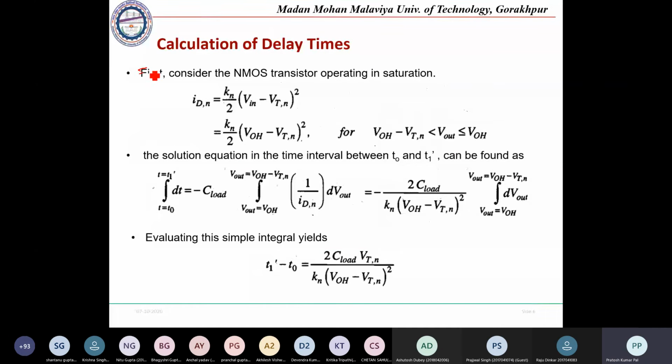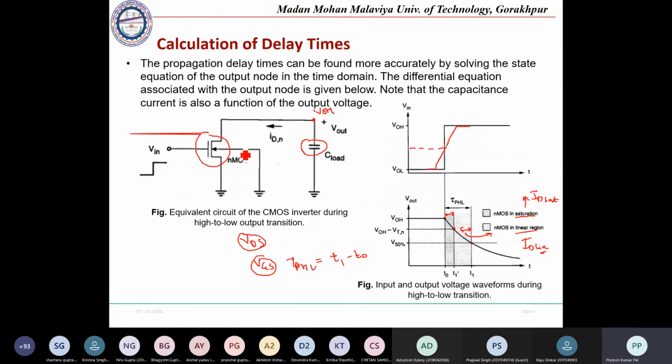Once we consider the first case where the NMOS is operating in saturation region, at that time ID, that is the drain current through the transistor, will be given by Kn by 2 into (Vin minus VTn) square, that is the equation of saturation current. Input voltage will be equal to VOH, because here the input we are giving is a high value.